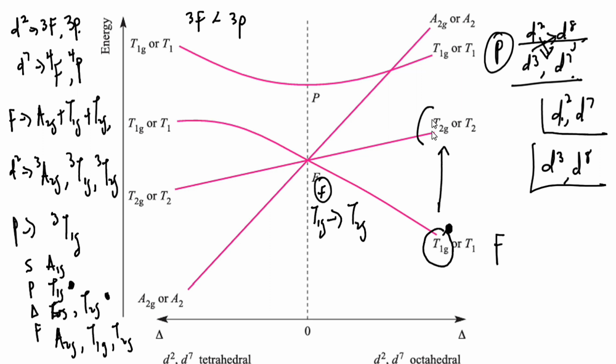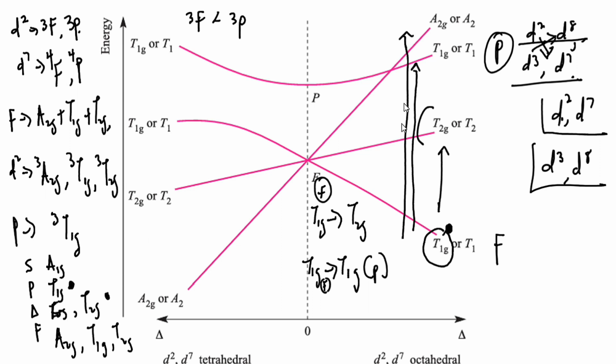Another transition is T1G to T1G again, but this T1G is from P, and this T1G is from F. The last one is T1G to A2G. So these are the possible transitions in this configuration.